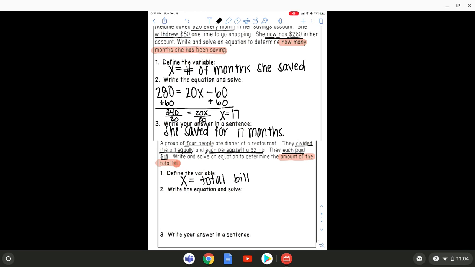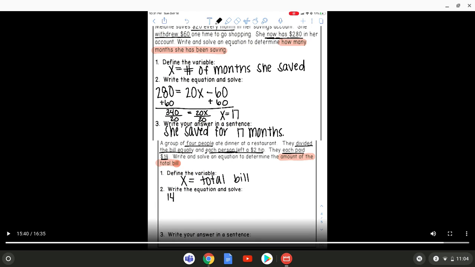Now, normally I would say the total bill is what your equation needs to be set equal to, but in this case, it's a little different. Instead, our equation is going to be equal to the total amount that each person paid. So we're going to set our equation equal to $14 because each person in total paid $14.